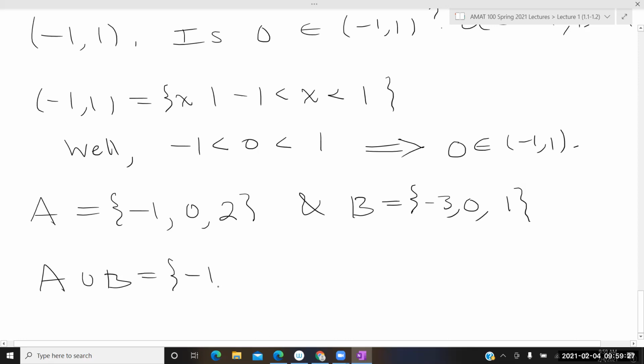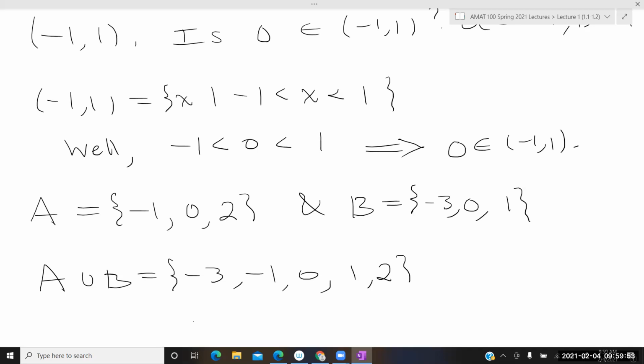So this will consist of -3, -1, 0, 1, and 2. Notice there's no repeats. That's something I forgot to mention. There's no repeats in a set. It's an unordered list. The order doesn't matter.